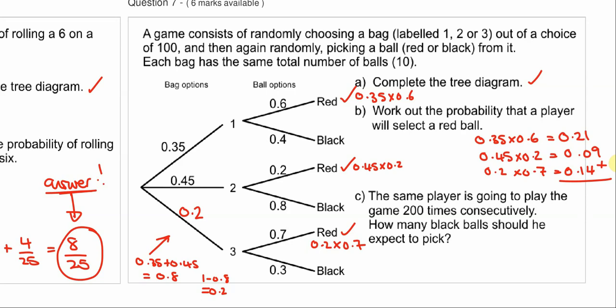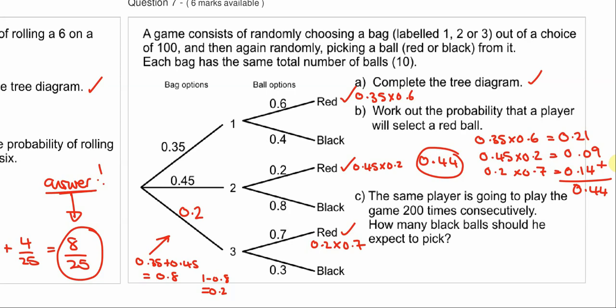So that's going to give me 0.44. So my answer is 0.44. That's the probability of selecting a red ball. We just had to check it through each bag and then add up them afterwards, after we did our multiplication.